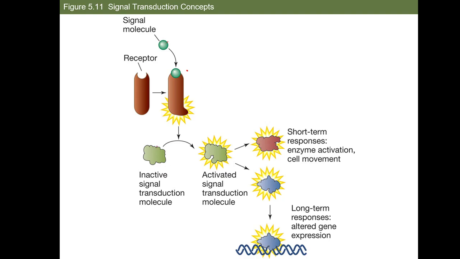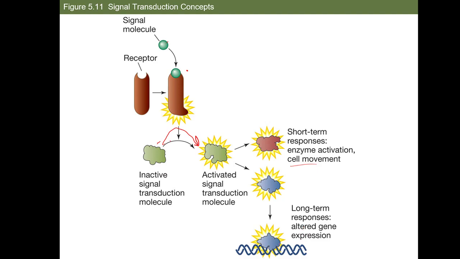There is an inactive signal transduction molecule, which is then activated by the signal molecule receptor complex. It then goes and activates other molecules, which can deactivate enzymes or activate enzymes for short-term responses or cell movement. And then for long-term responses, it goes and affects the DNA expression.